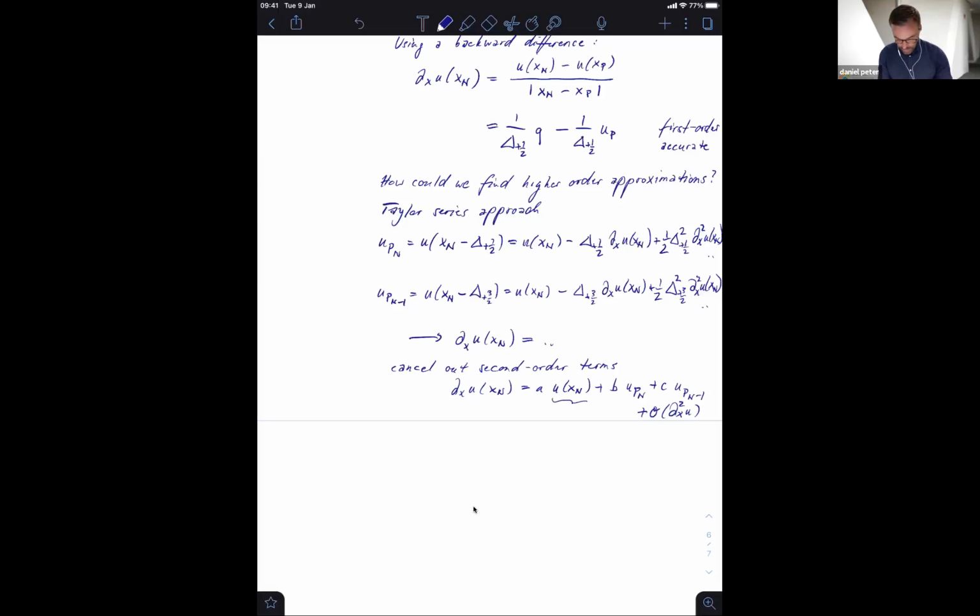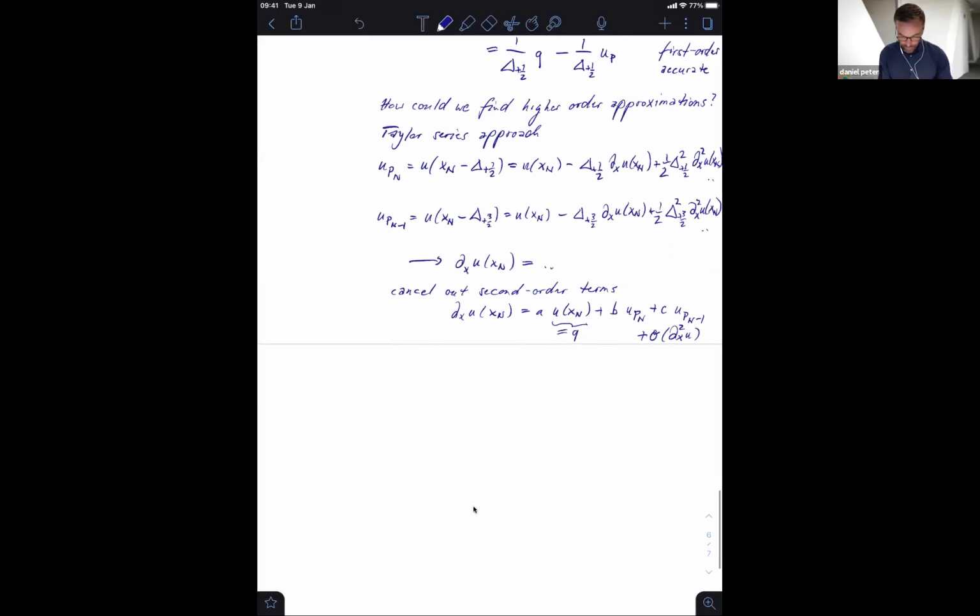Because this is given by the Dirichlet boundary. And A, B, C would just be the factors for the second order scheme.